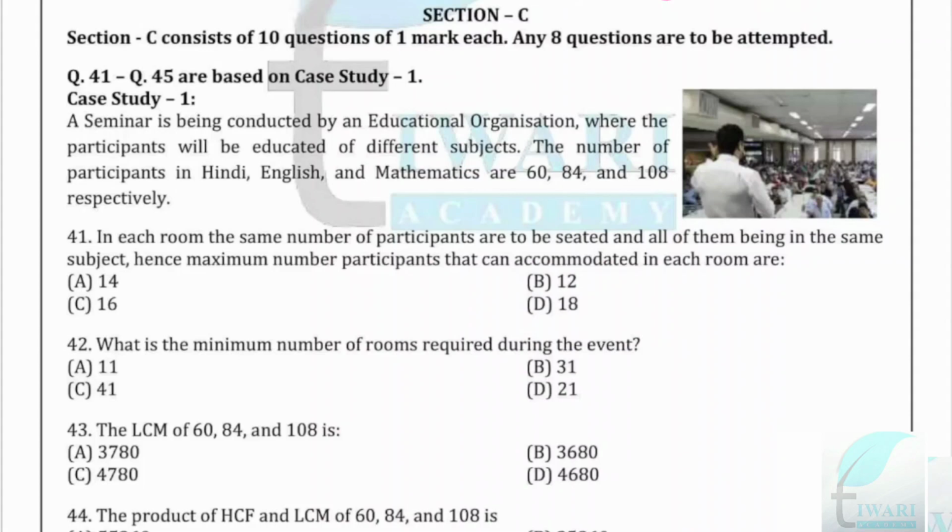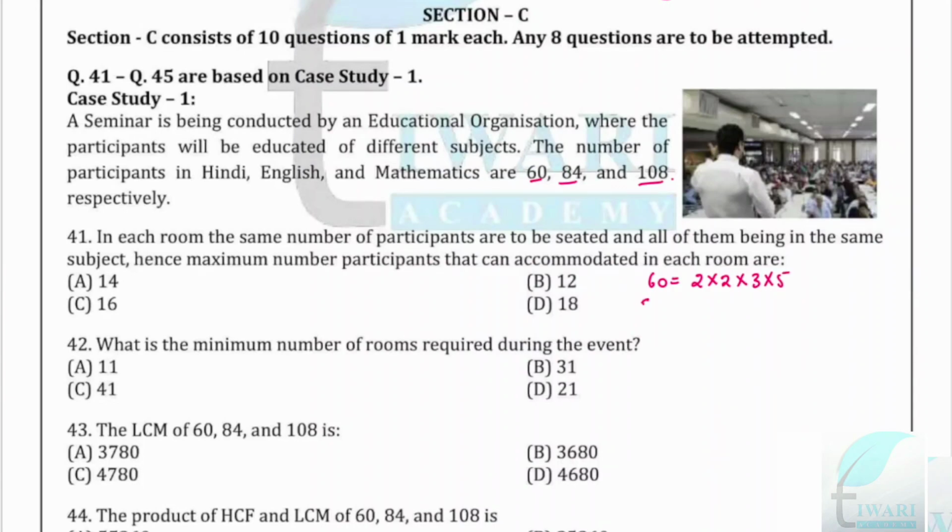So we need to find the HCF here. HCF of the three numbers, that is 60, 84 and 108. So let us find this by the method of prime factorization. Prime factorization of 60 is 2 into 2 into 3 into 5.